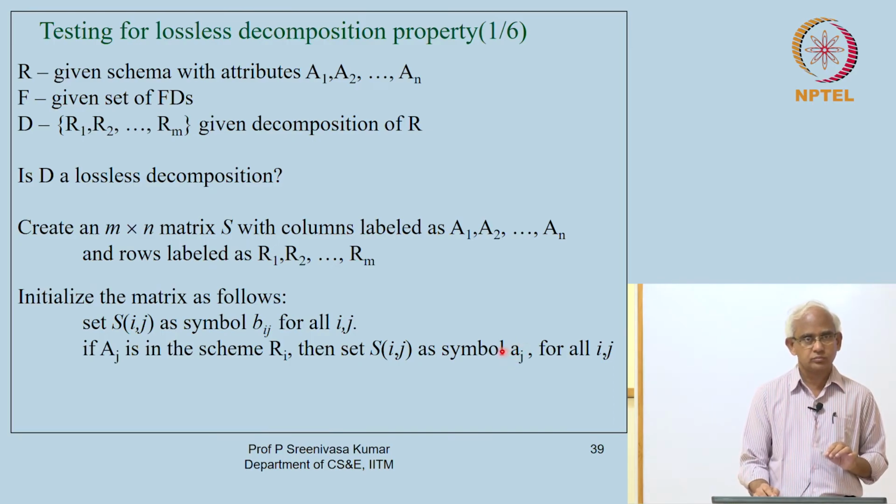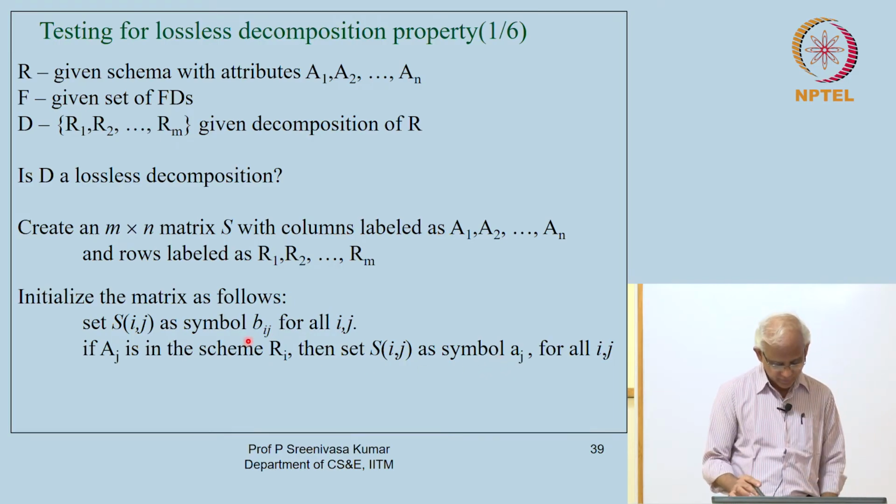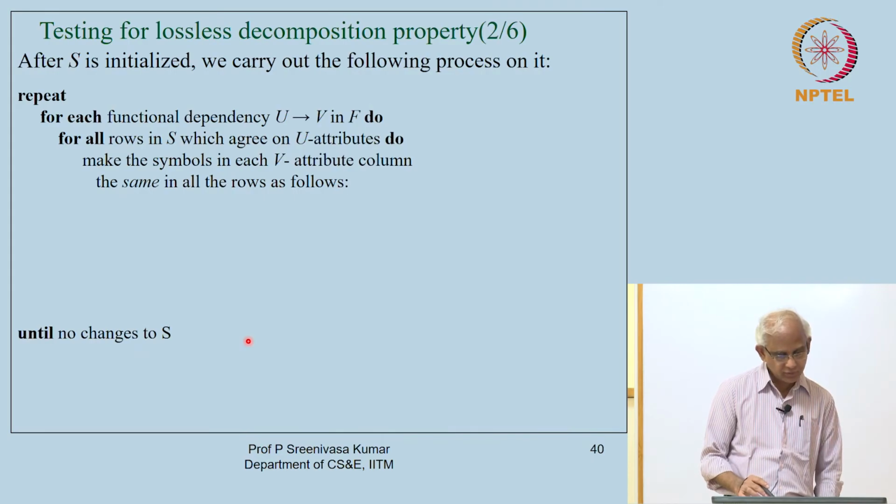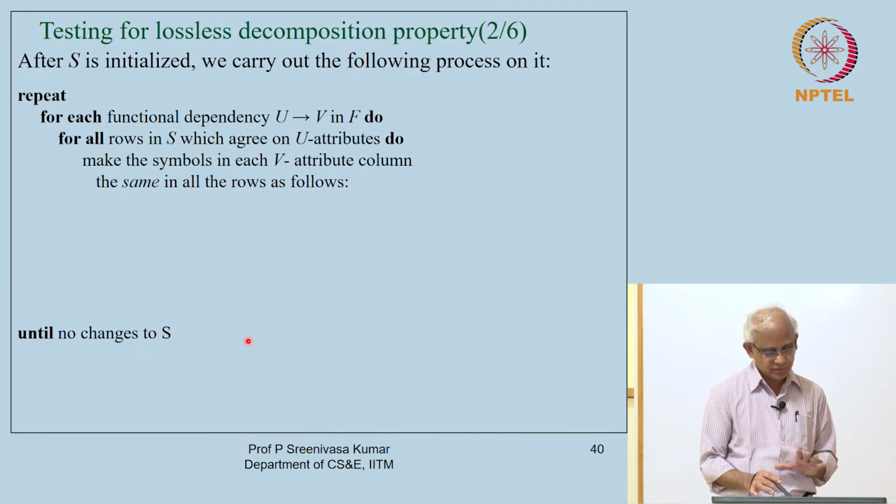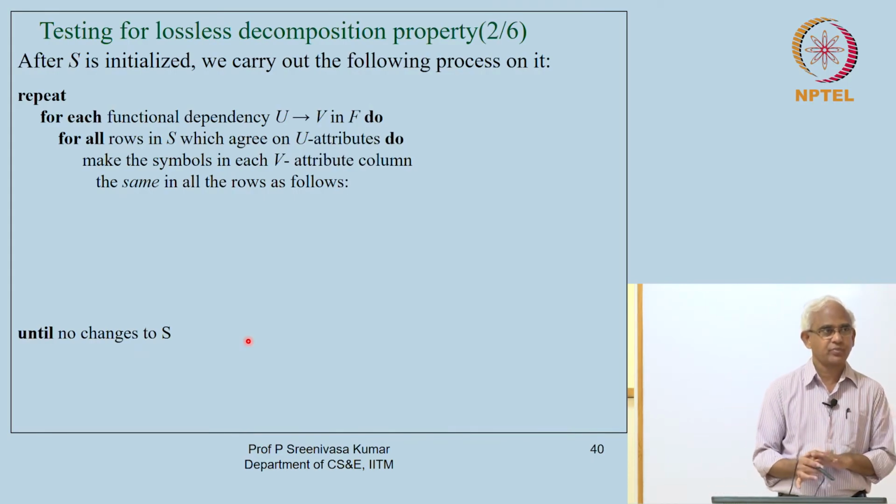Notice that this does not have two subscripts, it just has one subscript, the column number. So this is how we initialize this matrix, and then we do something interesting with this matrix.